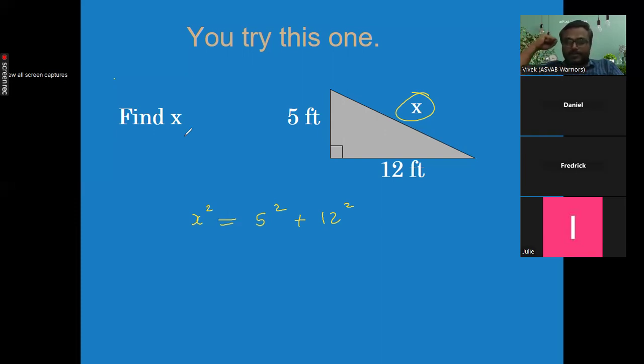Solve it. Come on, buddy. Give me the answer, Frederick. Come on. What is the value of x? Jacob, you need to solve it again. Yep, Jacob got 13.